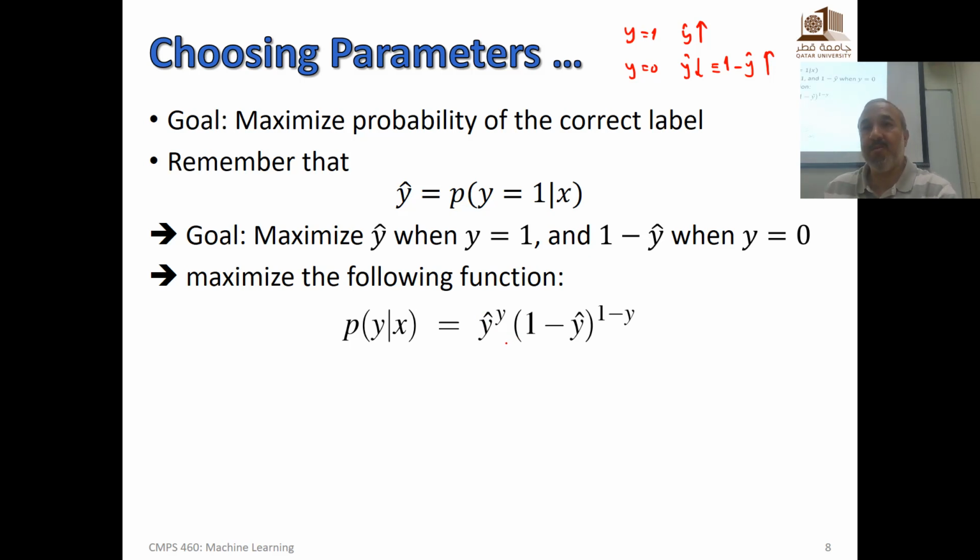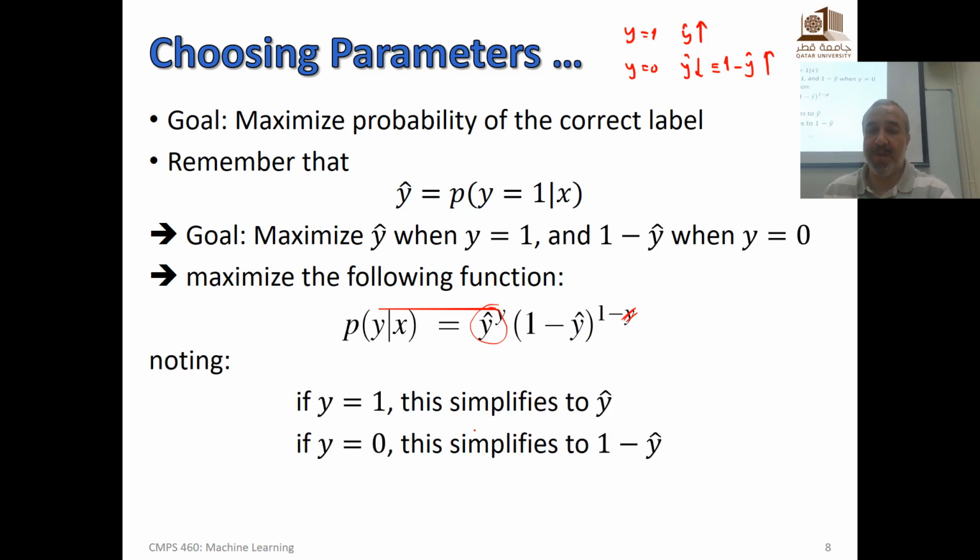Let's say y is 0. Then y is 0, which means this is 1, and this is 0, so we get 1 minus y hat. So this function gives us exactly what we want. It simplifies to y hat when y is 1 and 1 minus y hat when y is 0.